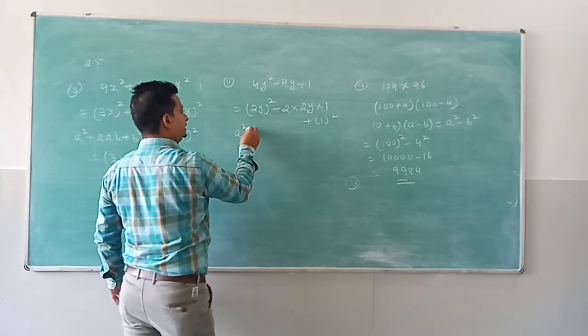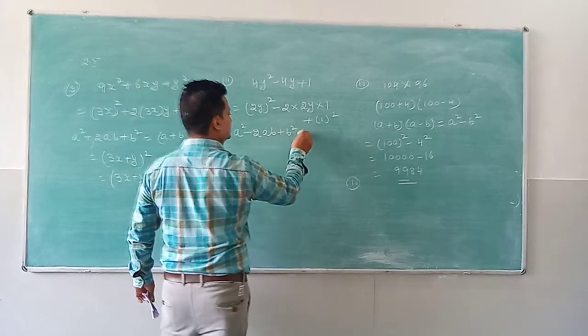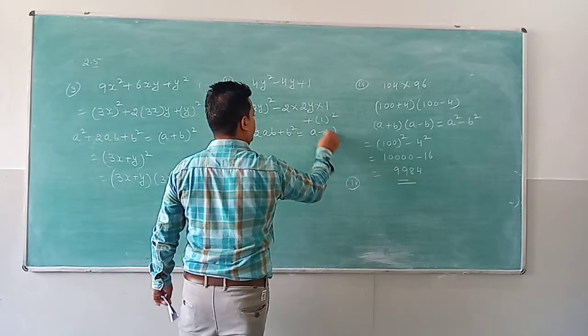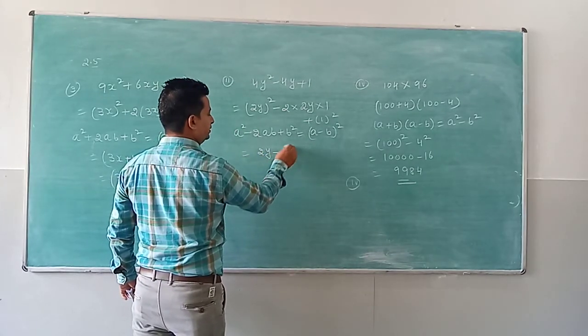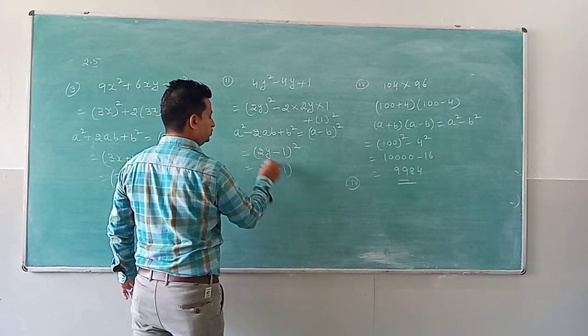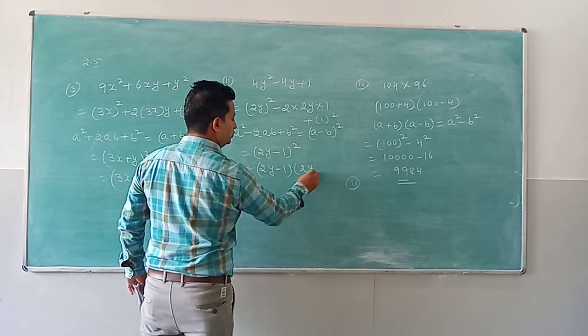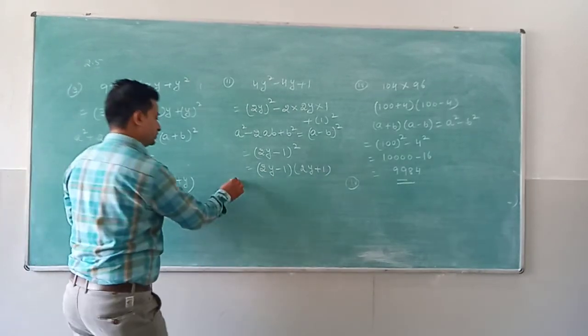This identity is a² − 2ab + b² equals (a − b) whole square. In this, a is 2y, b is 1. So the factors are (2y − 1)(2y − 1). These are the factors of this question.